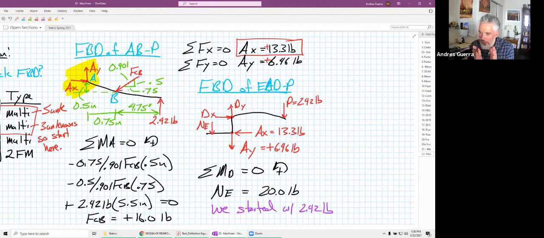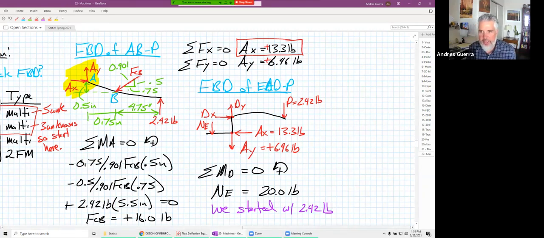So we took a machine that's only 5 inches long, and we get a magnification of almost 10 times. It's pretty cool how, using multi-force and 2 force members and all pin connections, we can create this system that changes the magnitude and or the direction of the force. Pretty cool stuff.